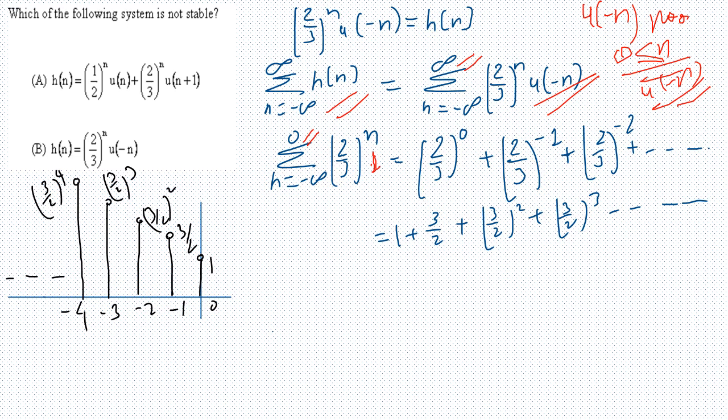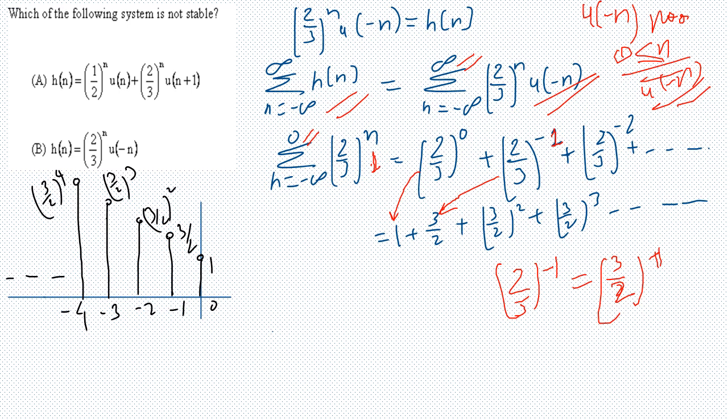Now we can expand this. What we get is 2 by 3 power 0, plus 2 by 3 power minus 1, and 2 by 3 power minus 2. We want to sum this up. This first term will be 1 anyways. Now this will be 3 by 2 power 1, because I am inverting, so the minus becomes plus.